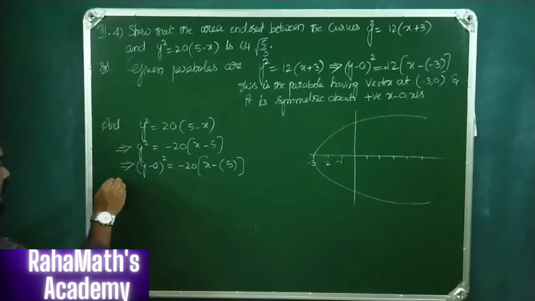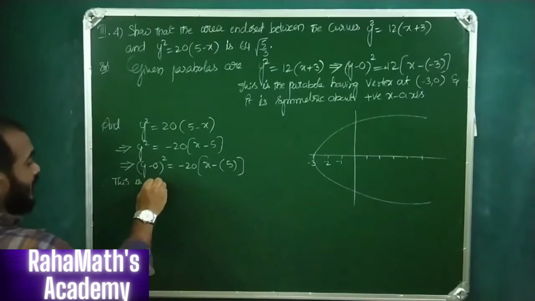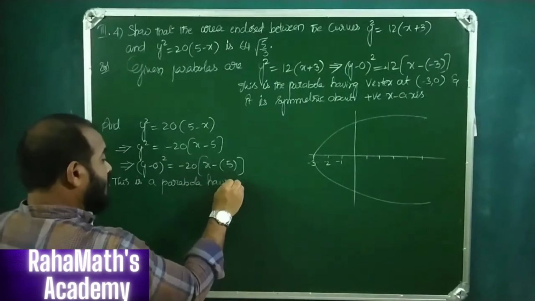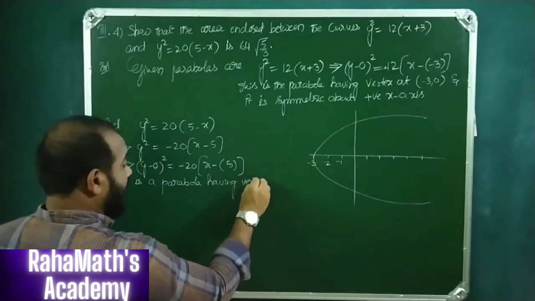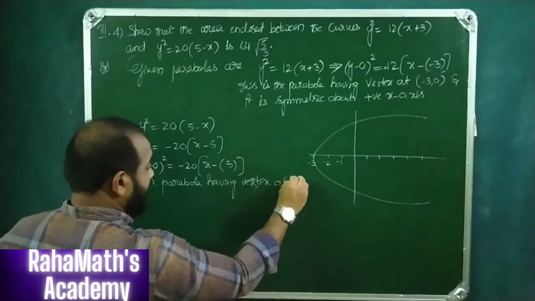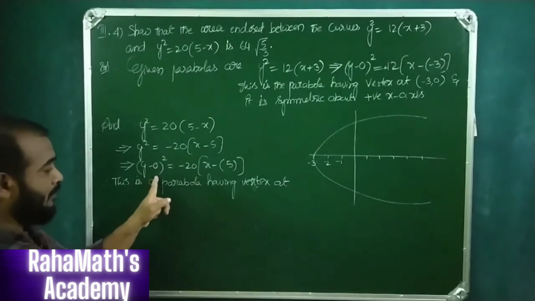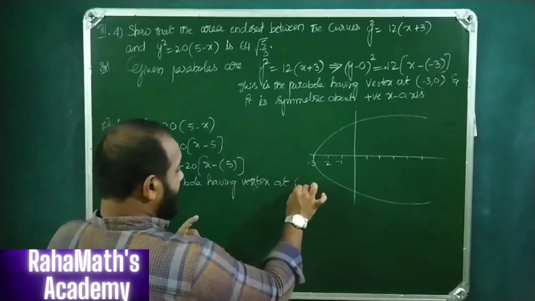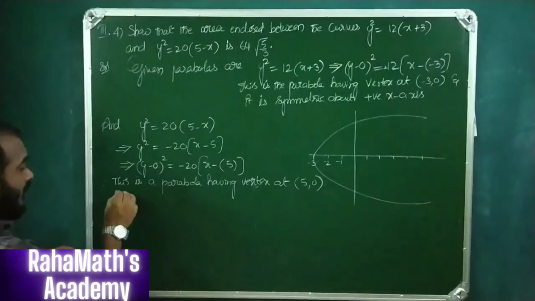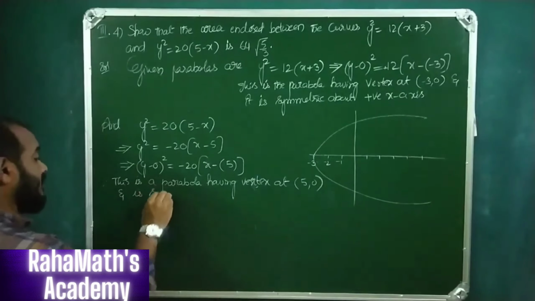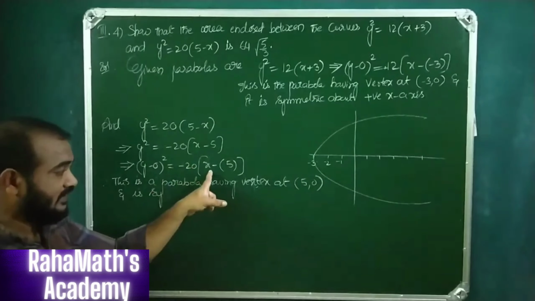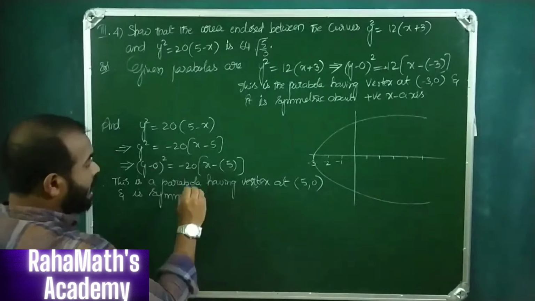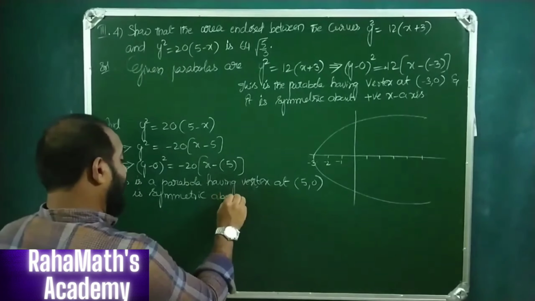So therefore, this is a parabola having vertex at 5 comma 0. This can be compared with y minus k whole square equals minus 4a into x minus h. Vertex at 5 comma 0 and is symmetric. Here y power will be symmetric about x-axis. Which x-axis? Negative x-axis.